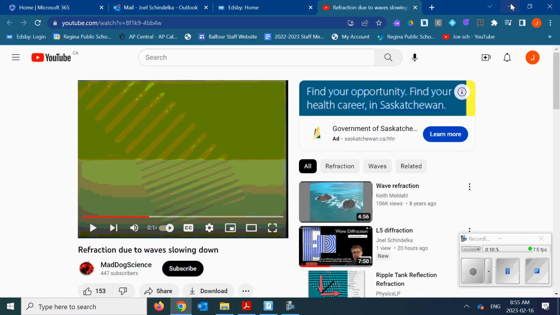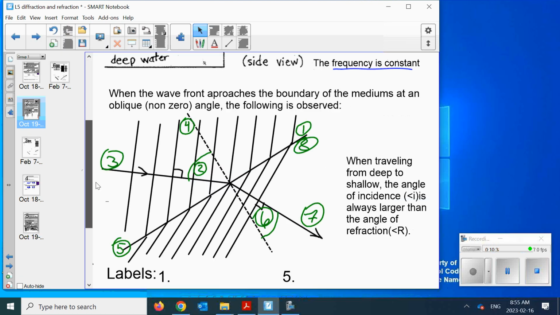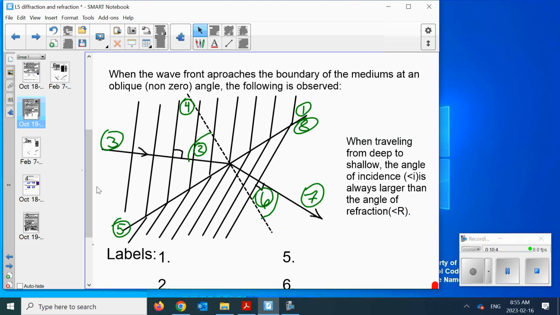That's essentially what this diagram is here. Just like on the video, that was a different angle, but this is the barrier from, say, deep to shallow water.